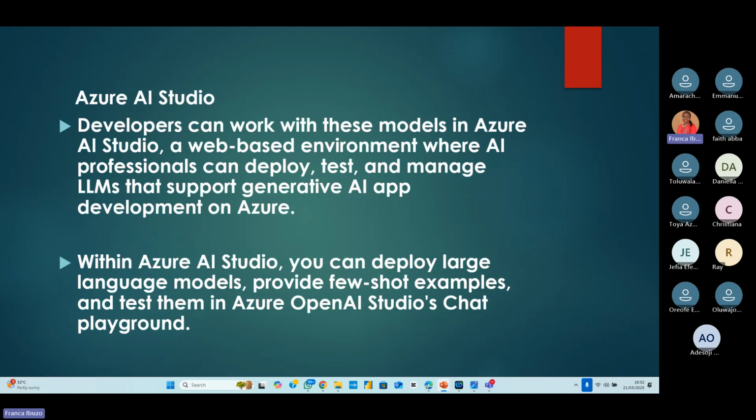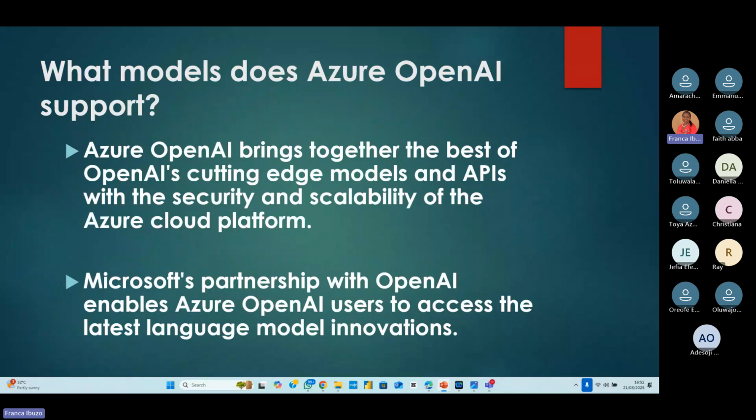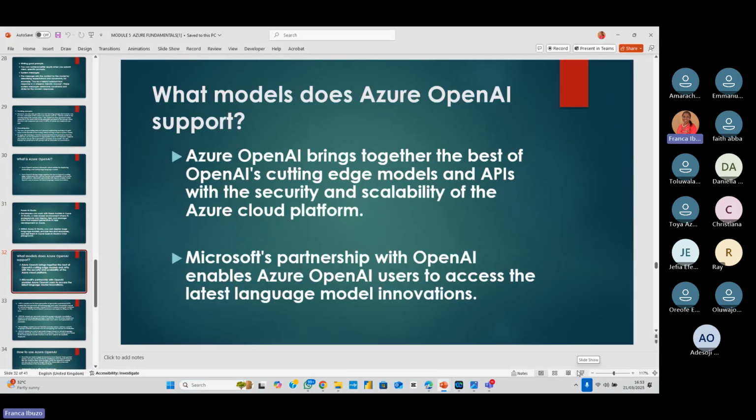Within Azure AI Studio, you can deploy large language models, provide few-shot examples, and test them in the Azure OpenAI Studio chat playground. Since you've used the AI Studio, you know how it works.